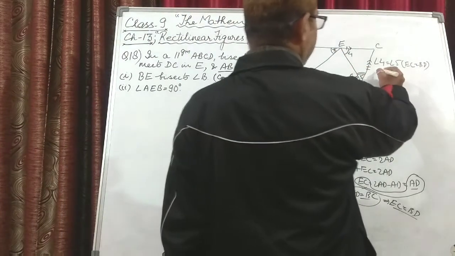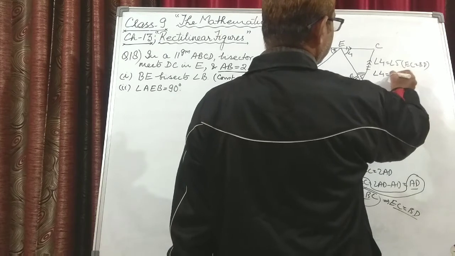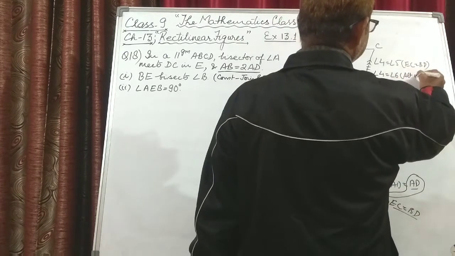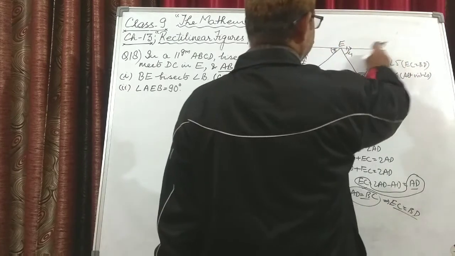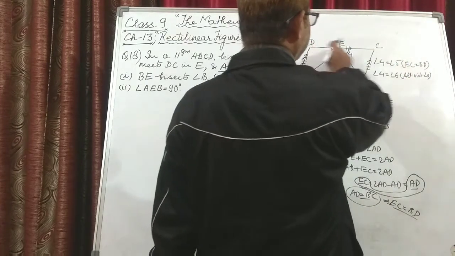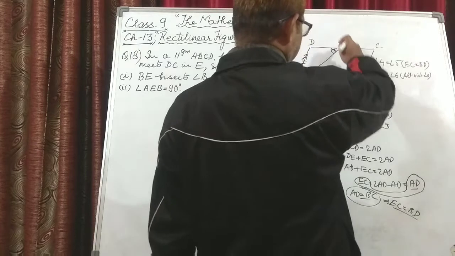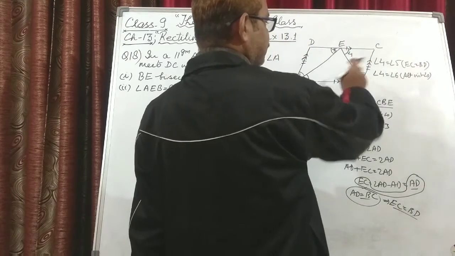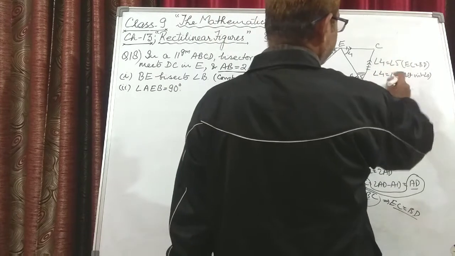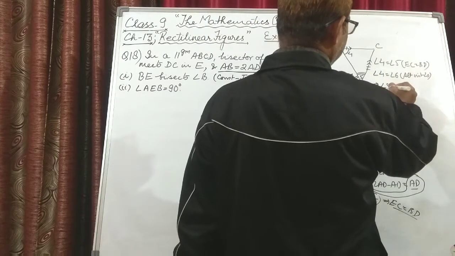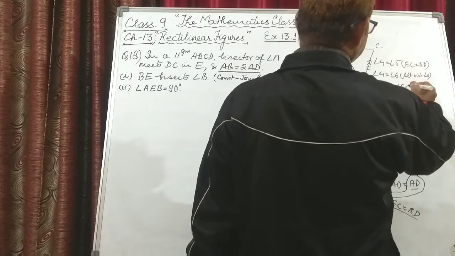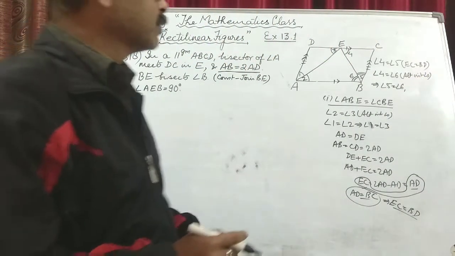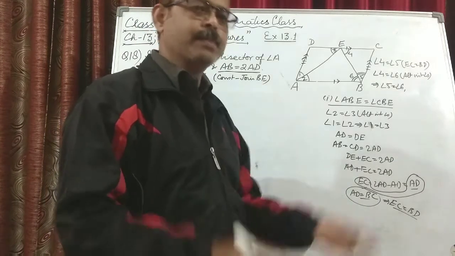At the same time, angle 4 will be equal to angle 6 because they act as alternate interior angles. These AB and DC are two parallel lines and they are intersected by a transversal. So 4 and 6 will become alternate interior angles. Now 4 is equal to 5, 4 is equal to 6. It implies that angle 5 is equal to angle 6. That proves that angle B is being bisected. This is the theory of the question. This is how we will proceed.